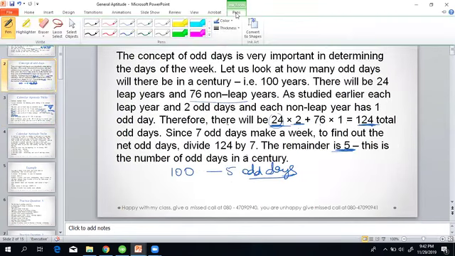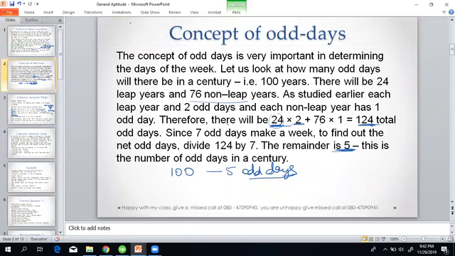In a century of 100 years, because after every 4 years there is a leap year, there will be a total of 24 leap years and 76 non-leap years. In every leap year there are 2 odd days. How did we calculate that?